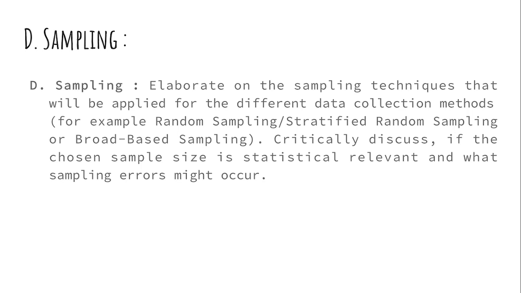You have to explain why that sample size, how it's relevant, and if there are any errors that might occur, and how it's relevant to the evaluation you're going to do. So if it's 500, you explain why you chose a 500 sample size, and if it's actually relevant.